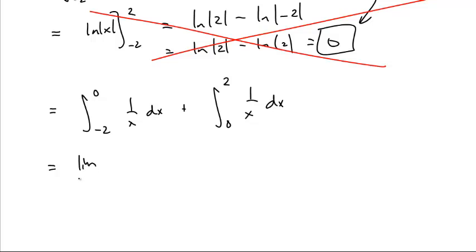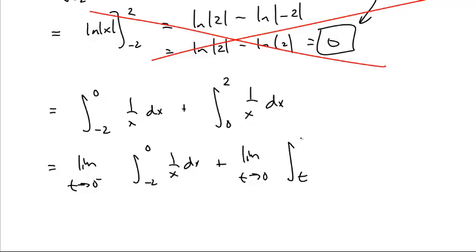We say it's the limit as t goes to 0 of the integral from -2 to t of 1 over x dx. The 0 is the right-hand endpoint, so we approach it from the left, using points between -2 and 0. And then we add to this the limit as t goes to 0 of the integral where 0 is on the left.